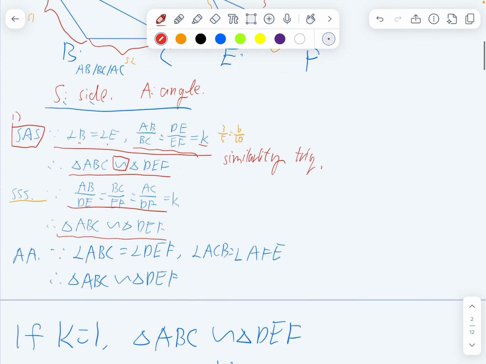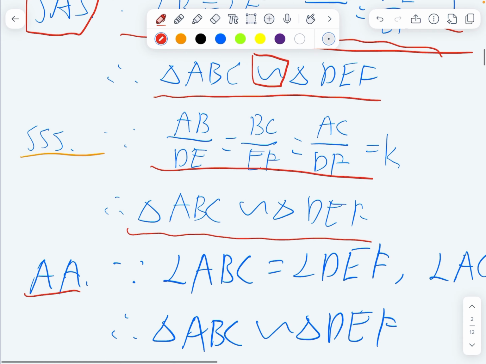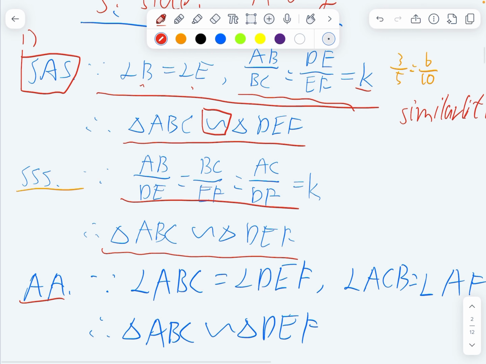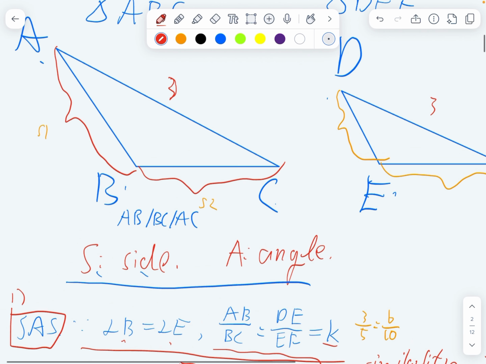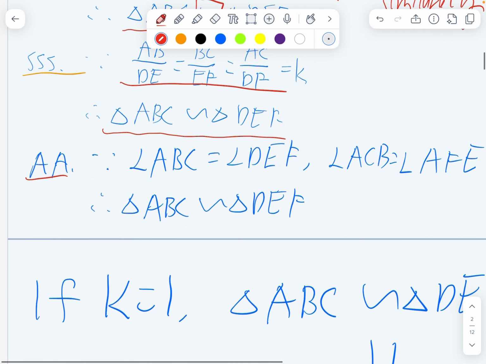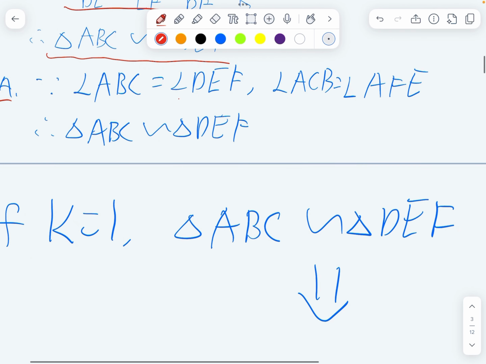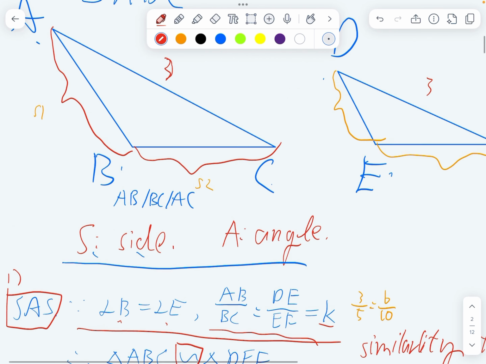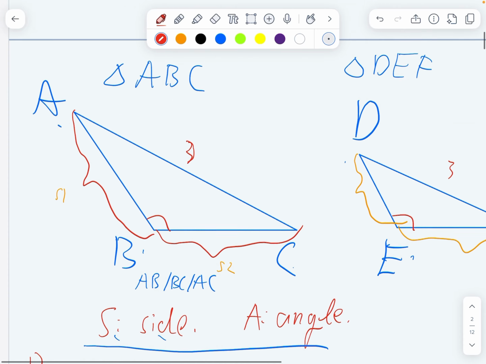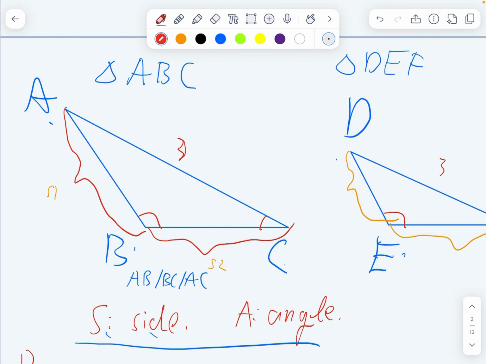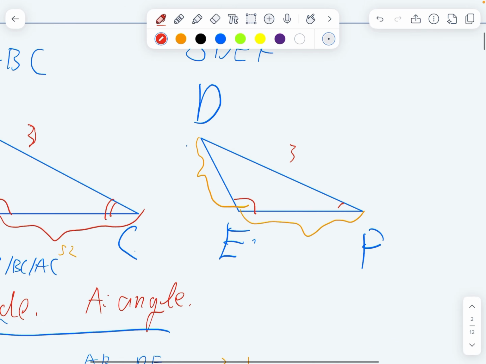Let's see the third one, called AA. It needs only two pairs of equal angles. One pair is angle ABC and angle DEF. The second pair is angle ACB and angle DFE.